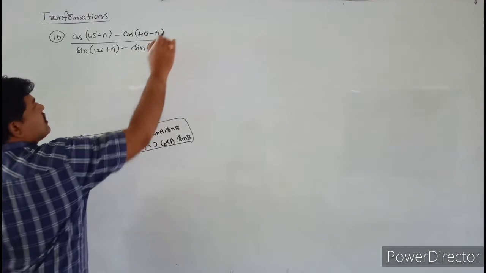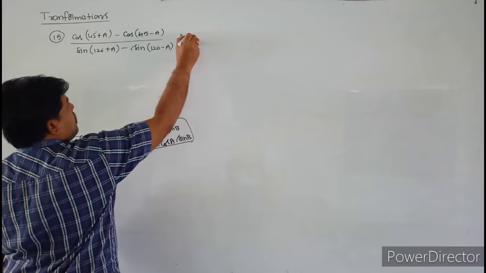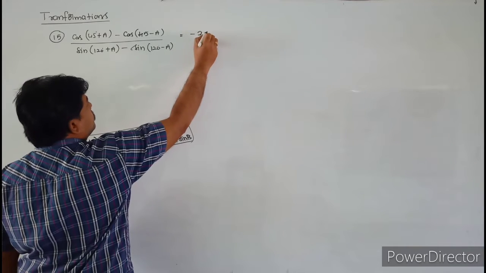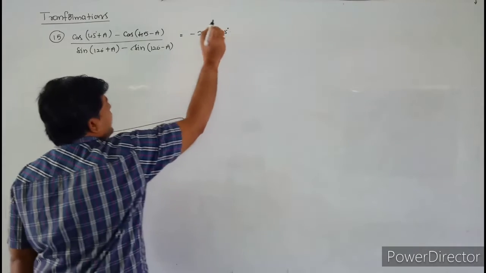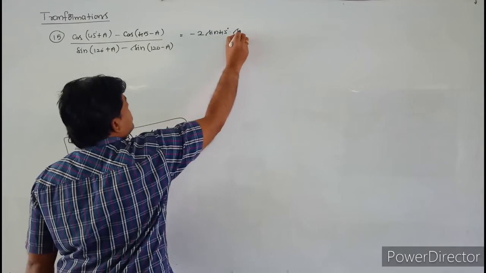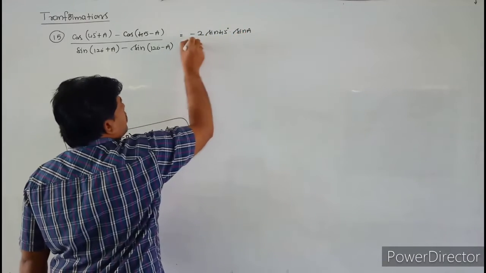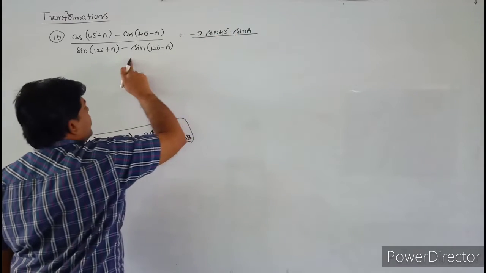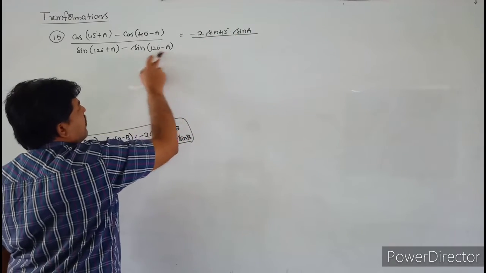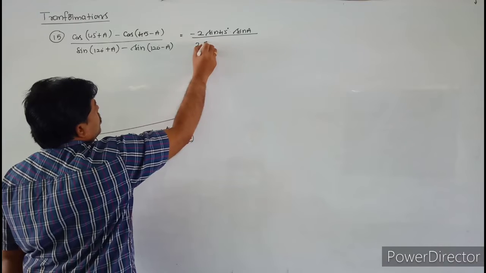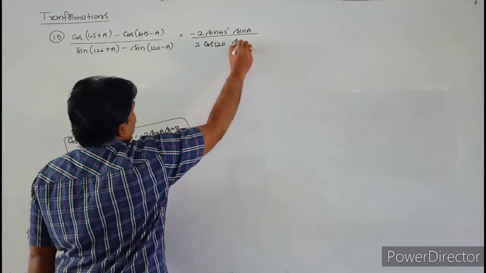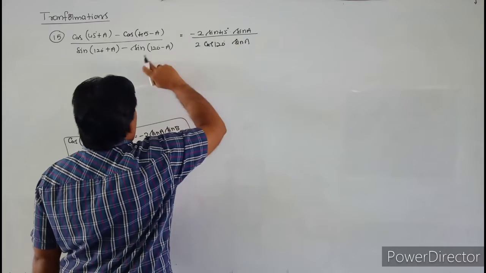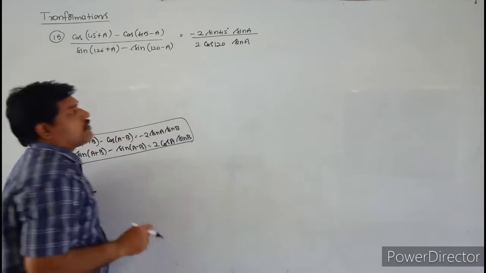Okay, so see this. In the numerator, minus 2 into sin a, that is nothing but 45 degrees into sin b. In the denominator, sin of a plus b minus sin of a minus b is nothing but 2 cos a sin b.